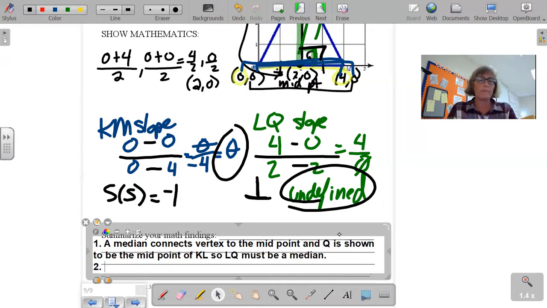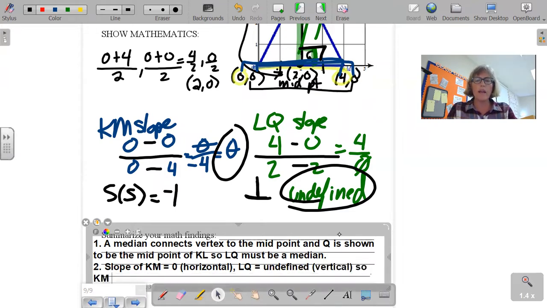Number two, the slope of KM is 0, which is horizontal, and LQ is, there's an equal sign there, undefined, which is vertical. So KM and LQ are perpendicular, making a right angle.